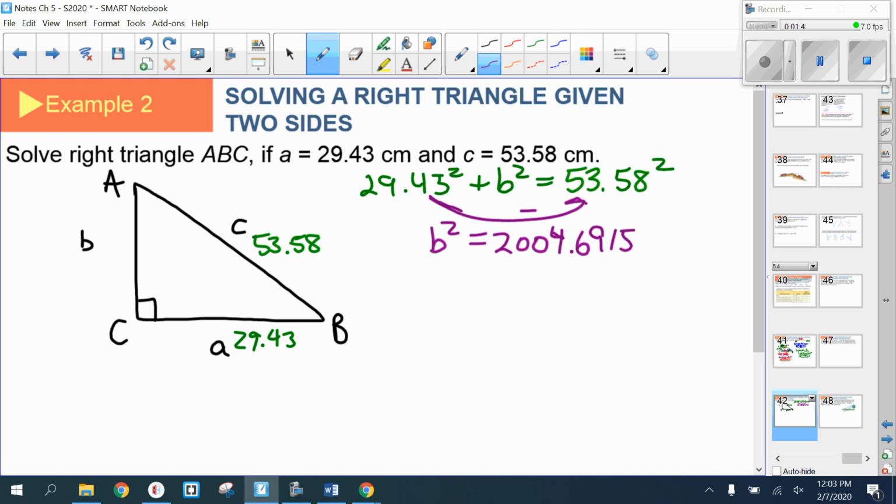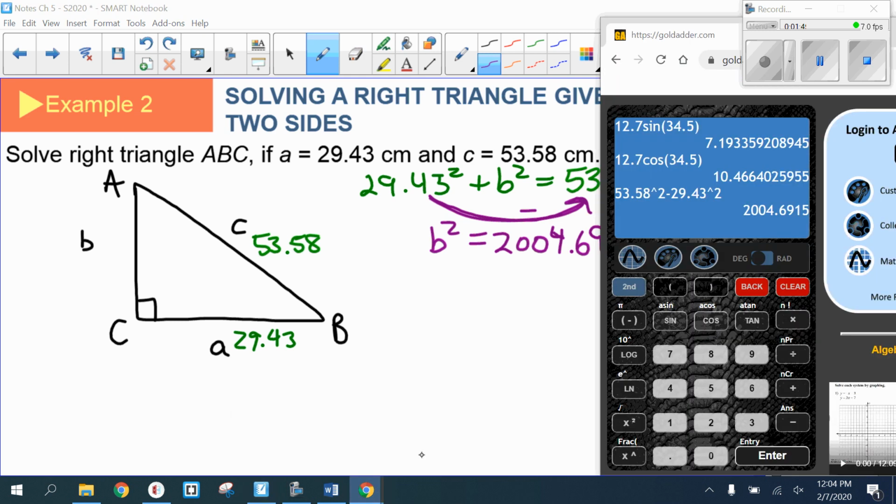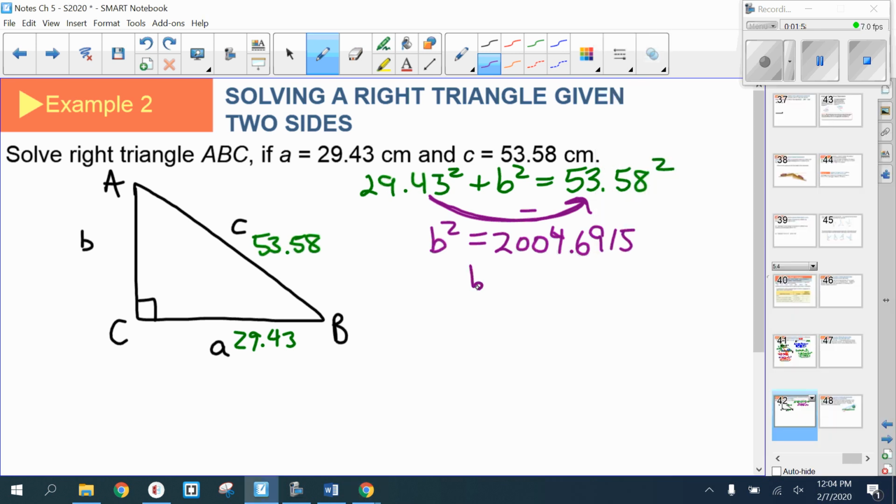Notice what I did. I subtracted this over. And then we're going to need to square root that. So square root of that number gives me about 44.77. So B is 44.77 centimeters.